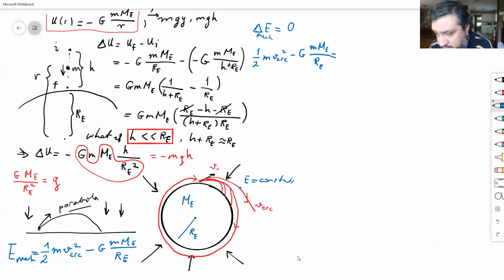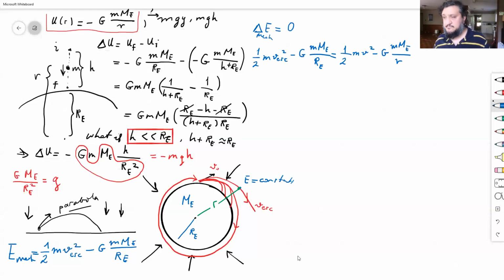So when you're a certain distance, let's say r away from the center of the Earth, this is r at this point, that's where your speed will be different, 1/2 m v squared, slower, but your gravitational potential energy will be negative G m M_E over that r.